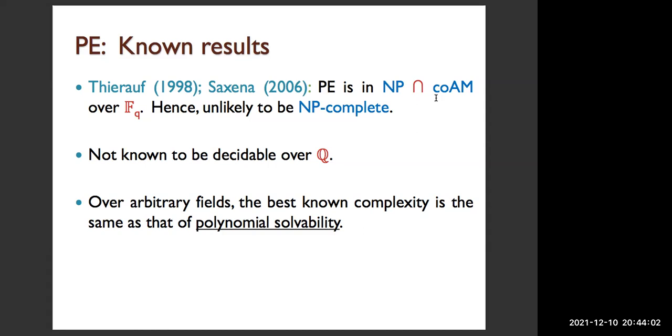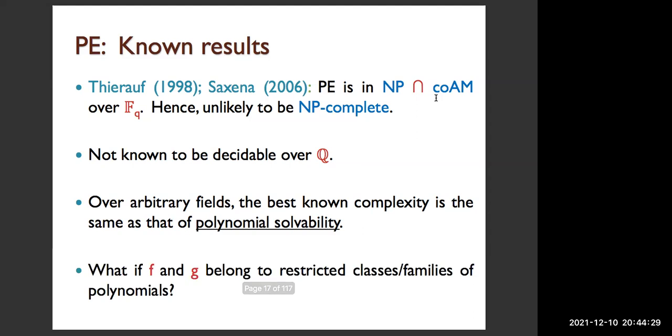And the way the polynomial equivalence problem reduces to polynomial solvability is a very trivial way. You just treat the entries of a witness A as variables, then you substitute in g, and you equate the coefficients of f and g, and these will give you polynomial equations where the variables are the entries of A, and you solve for such A. Now in the general case it's not clear what the status is, whether we can do anything better.